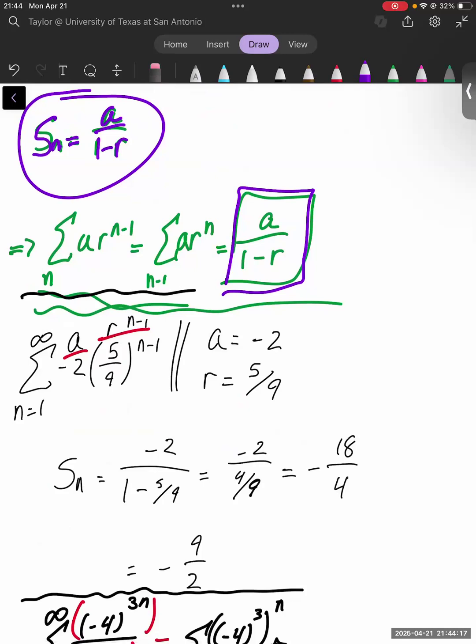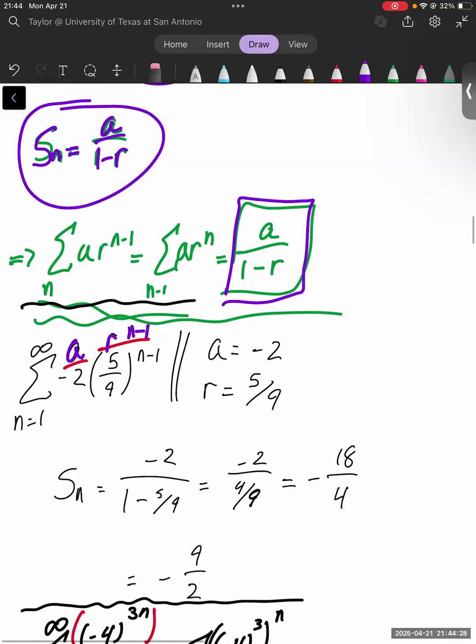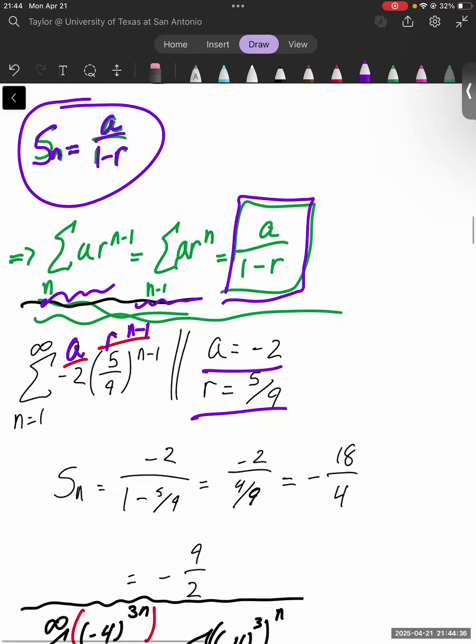All right, so the first example I started with here is -2 times (5/9) to the n minus 1. Our first example here is in this form, so our a equals -2, our r equals 5/9.